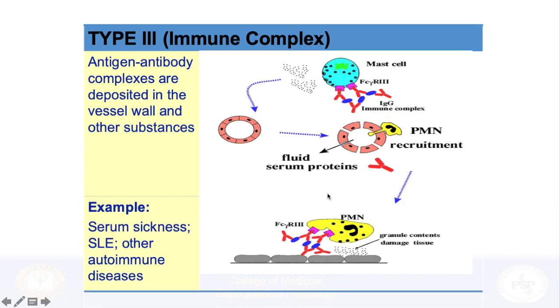Example would be this one here. So this is the immune complex. It gets deposited to a certain wall, let's say this one is a vessel wall. And because of this, there could be attacks of other immune cells.